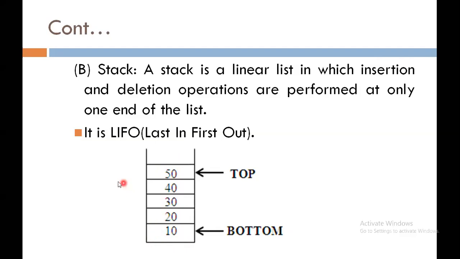Now, first 10 comes, then it is inserted from this open end and stored at the last location, meaning this location. After that, for example, 20 comes, then it is stored above 10. So they are stored in this location.